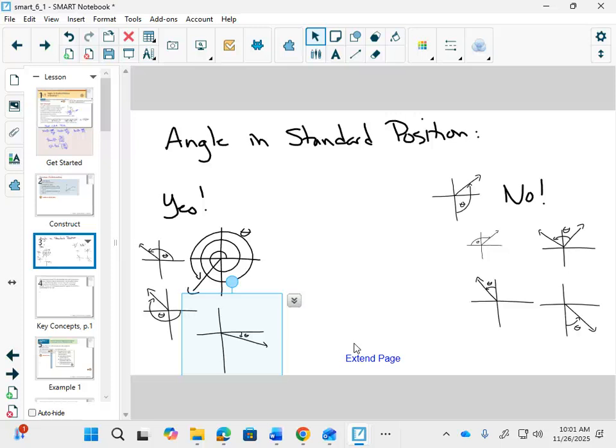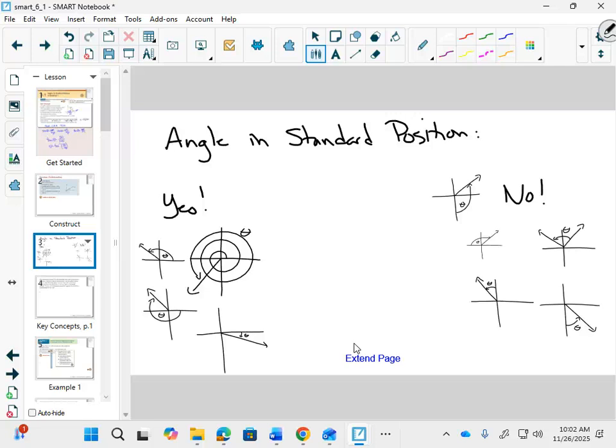If you had to draw an angle in standard position, do you think you have enough to do the rule? You think you do? What do you think the rule is for an angle in standard position? It must start on the positive x-axis, and it can go clockwise or counterclockwise.